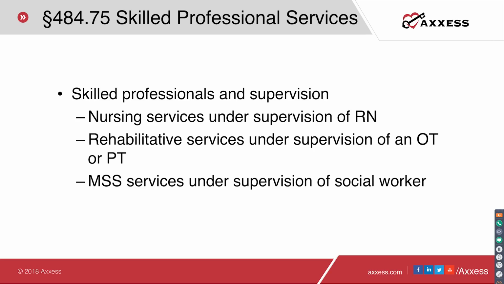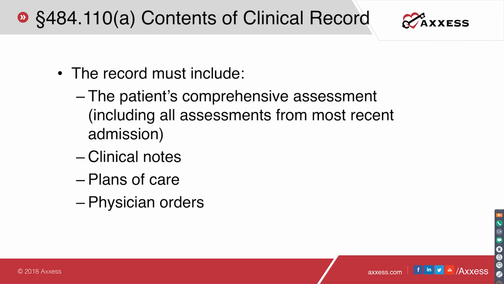The contents of the clinical record at 484.110(a), we see that the record has to include the patient's comprehensive assessment, including all the assessments from the most recent admission, clinical notes, plans of care, physician orders, all interventions and responses to the interventions, all medication administration, all treatments, and all services.